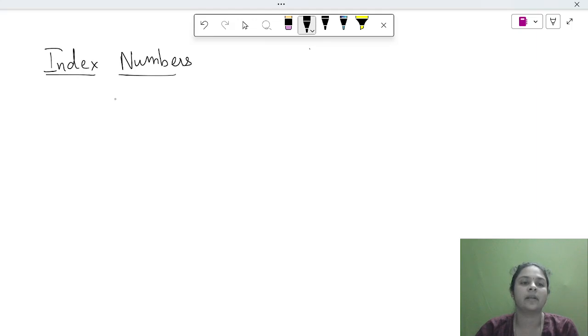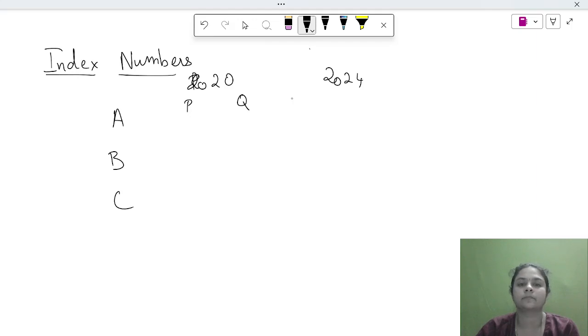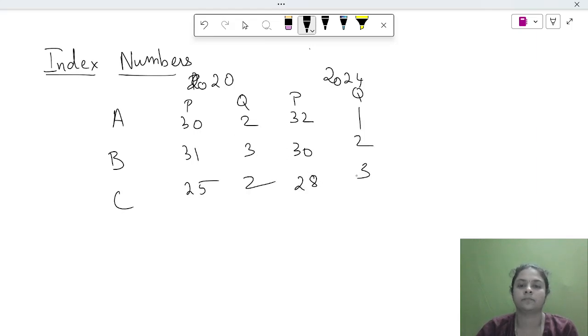So, I am giving you an example. I have just given an example of price and quantities of 3 commodities for 2 years.